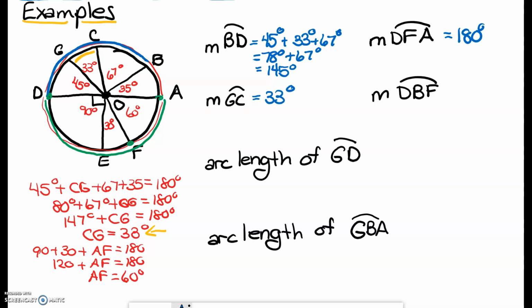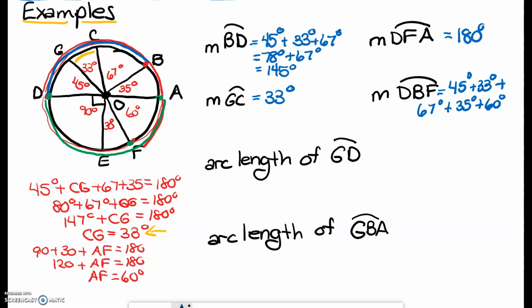And now we need to find the measure of arc DBF. Okay, so we're going to go D, B, F in the same direction. We can't change directions, so we're going to add up all of those arcs there. So we have 45 degrees plus 33 degrees plus 67 degrees plus 35 degrees plus 60 degrees.